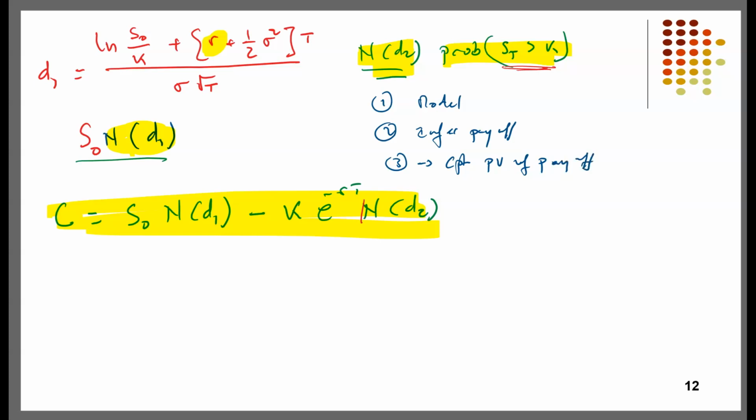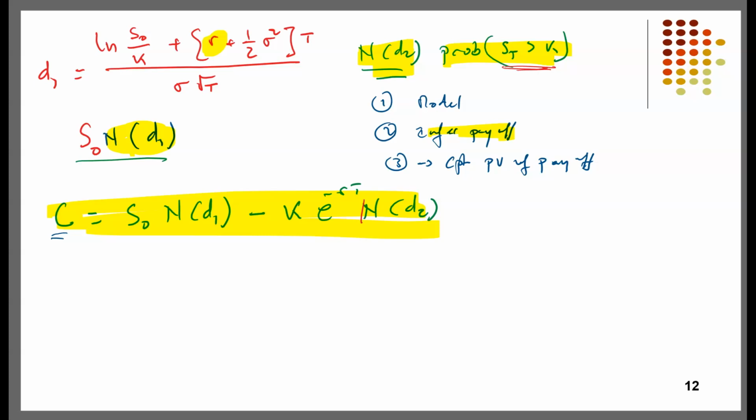And that was how we found the call option price. And so if we compute the future value of the call, we would essentially find the payoff at expiration.